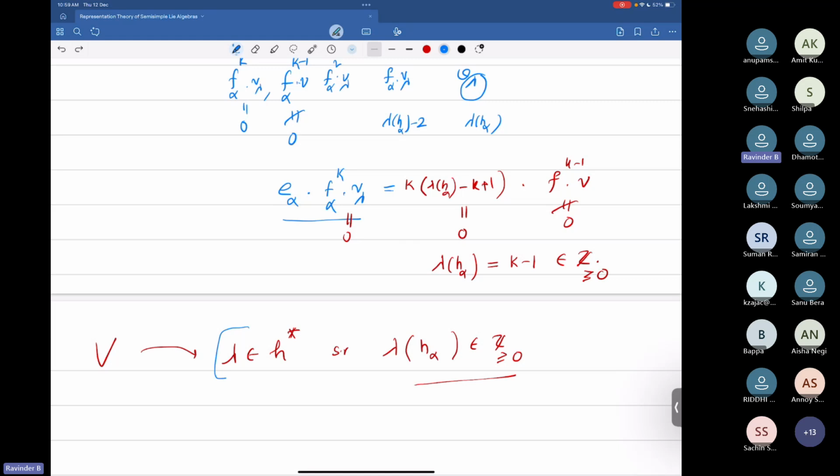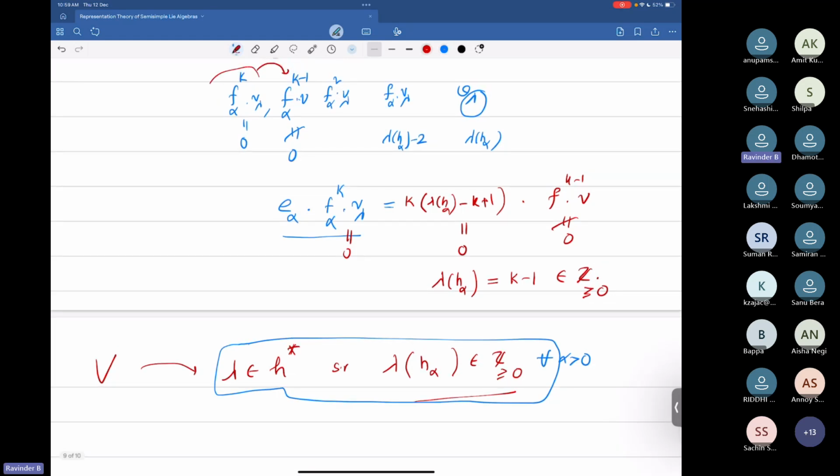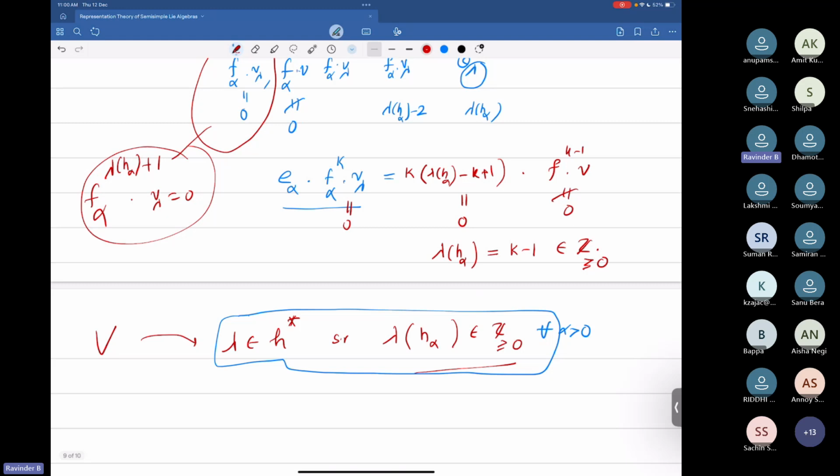It corresponds to lambdas which have the property that on every H alpha, it should be a non-negative integer. Moreover, F alpha to the power lambda of H alpha plus 1 acting on V lambda is 0. That is where we are at present. We'll continue tomorrow. Thank you.